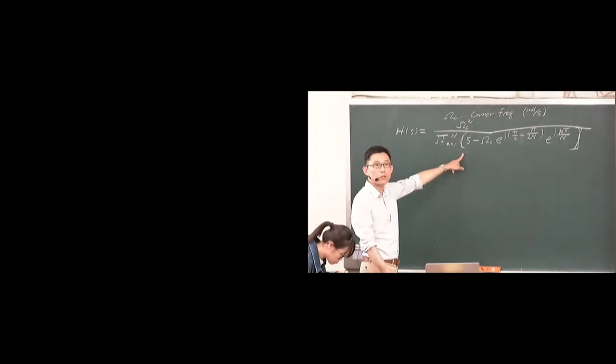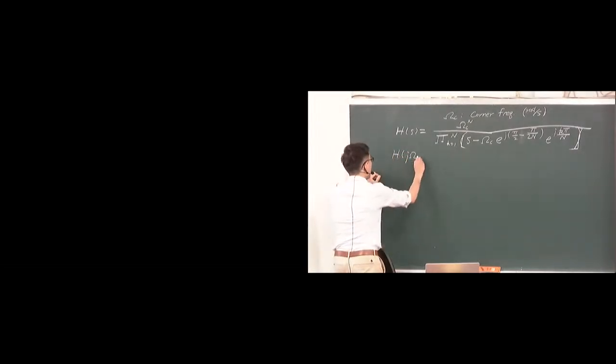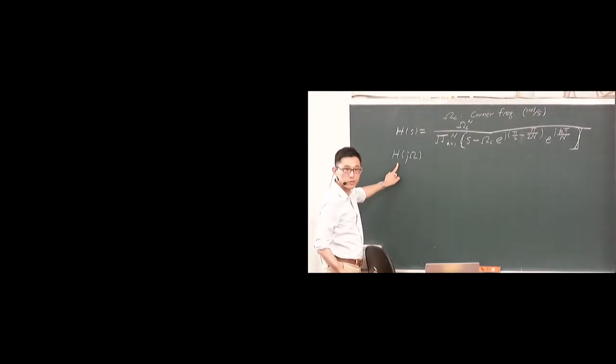But when we consider the magnitude response, that is the transfer function evaluated on the imaginary axis, H of s, when we plug in s equals j omega, that gives us a frequency response, right?